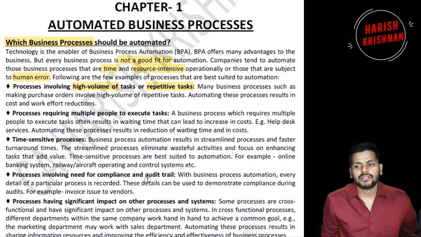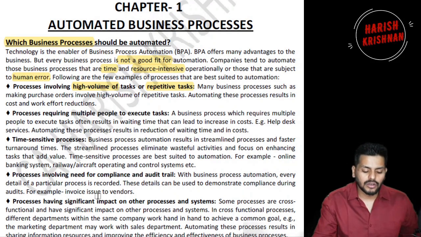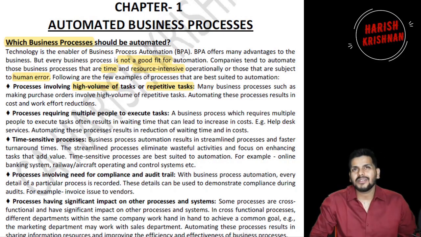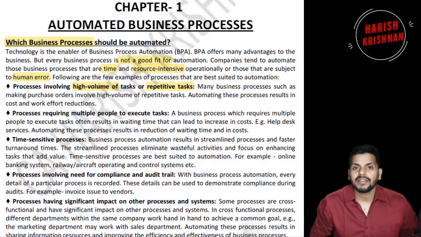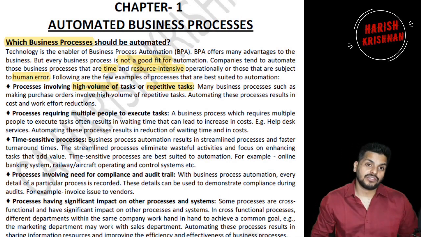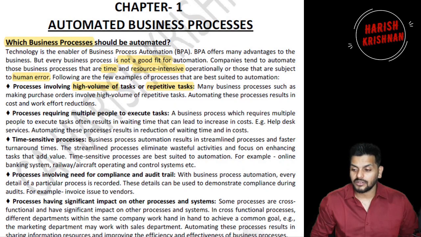Now in a business where purchases are going on a regular basis, it is better that we automate such a process, because it's one, cost effective, and also it's very costly to make a mistake while making these purchase orders and all that. So therefore it's always better that you try and automate these processes.